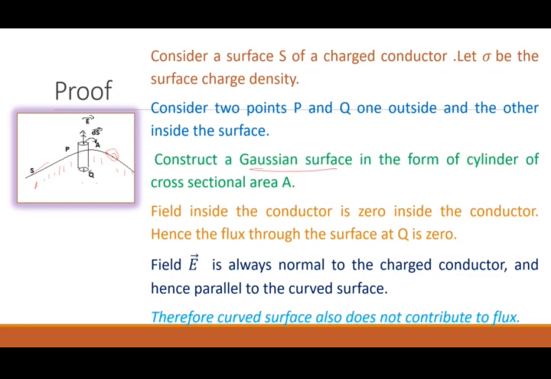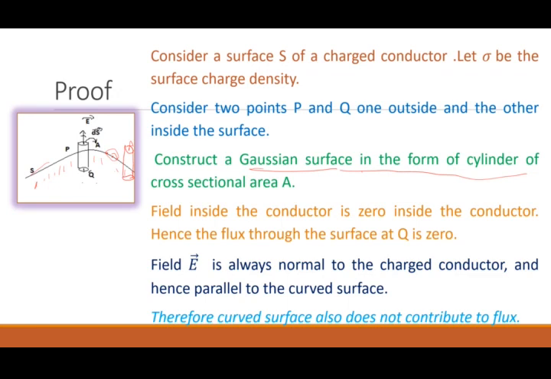It is a certain kind of shape which we are going to use and apply the Gauss law in a convenient way. The Gaussian surface is in the form of a cylinder of cross-sectional area A. It's something like pipe shaped. Area is A and it is cylindrical.